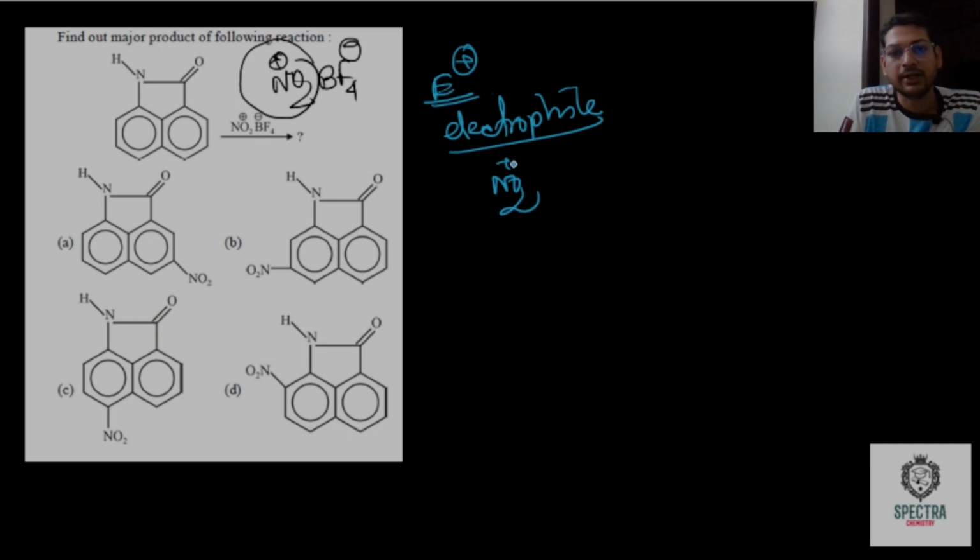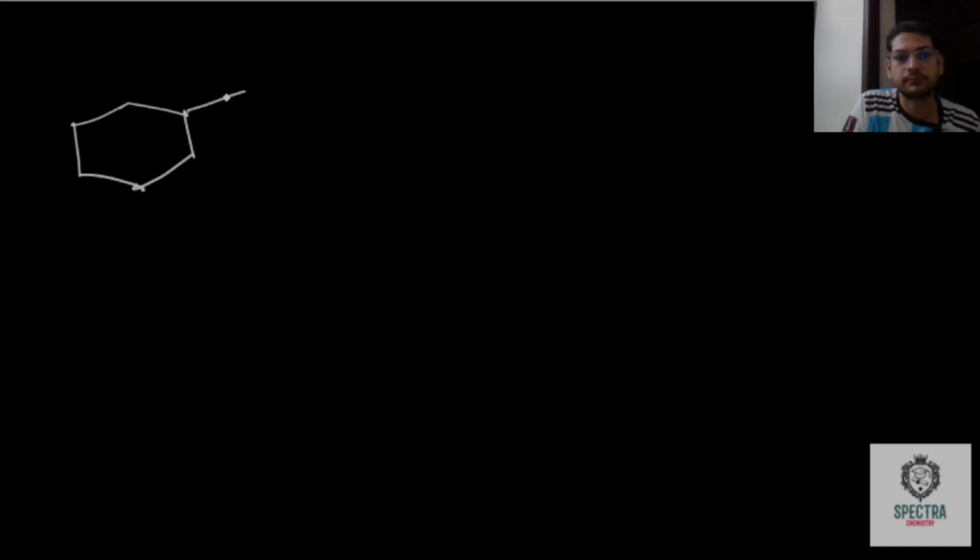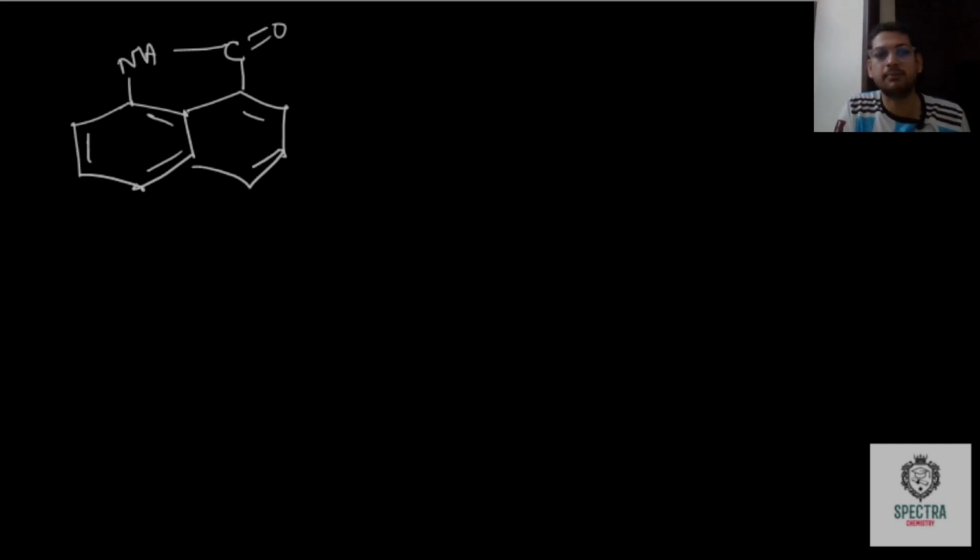Okay, so in the reaction, NO2 plus will be added to the benzene ring. Now the problem here is that I have two benzene rings. So what I can do is write this molecule again. Let's see what happens. If you have sound knowledge of resonance, you can easily tell me, sir, this nitrogen has a lone pair.